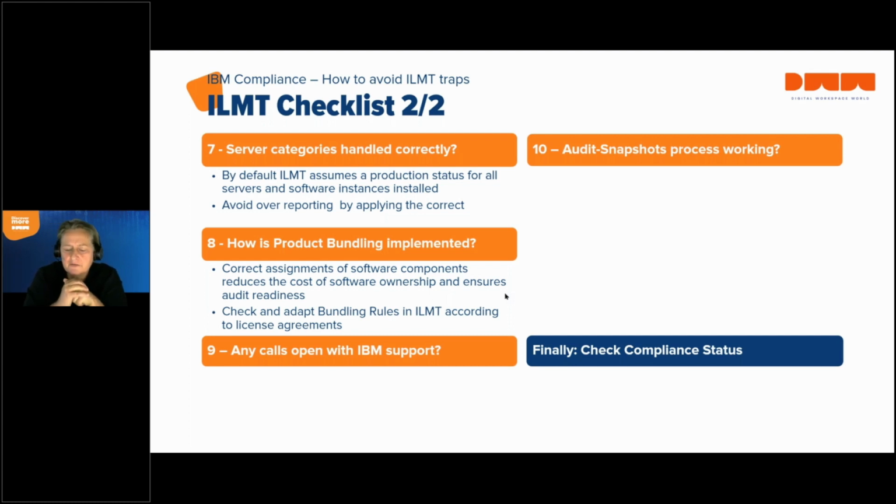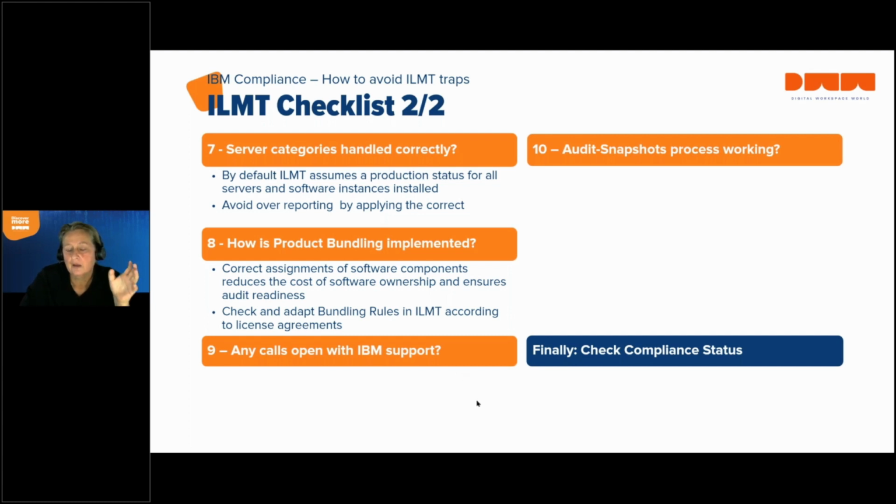So there's a lot of work to do there, yes. But it's very important to do that work, to take care of the correct product bundling and make the correct assignments for the software components to reduce software costs.